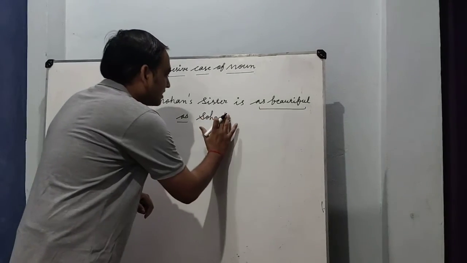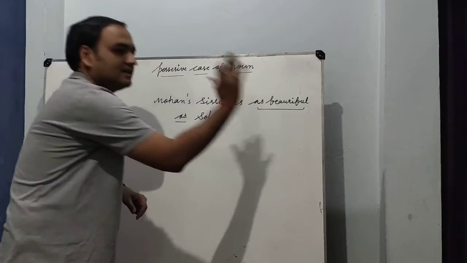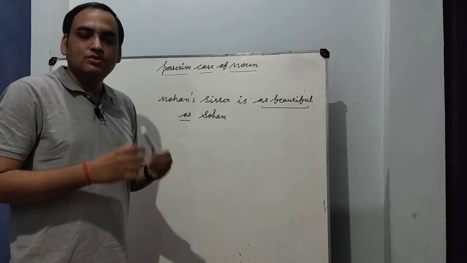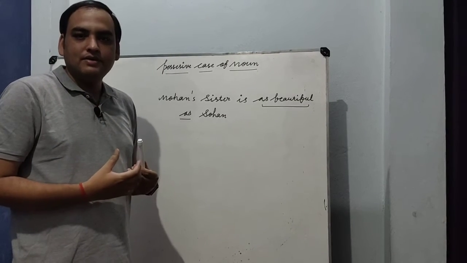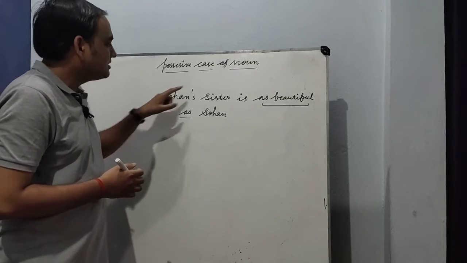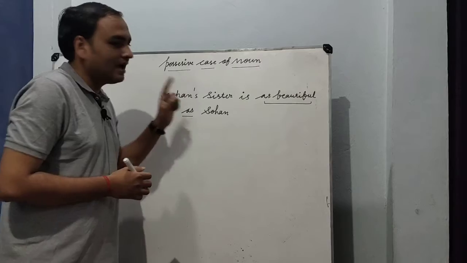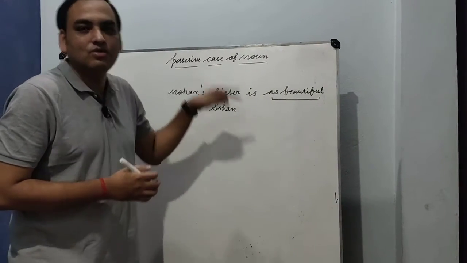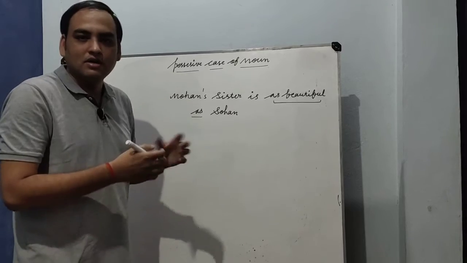If we remove this apostrophe, this sentence will be wrong and it will show a different kind of meaning. Okay, what meaning? It shows Mohan's sister is as beautiful as Sohan, meaning Mohan's sister is as beautiful as Sohan himself. So this is wrong, right?